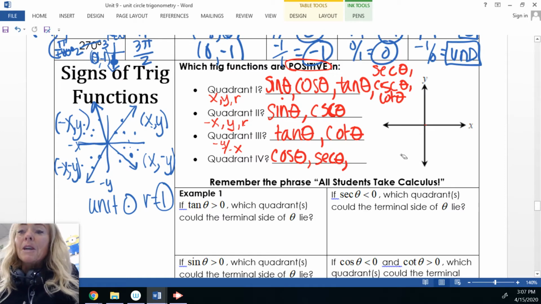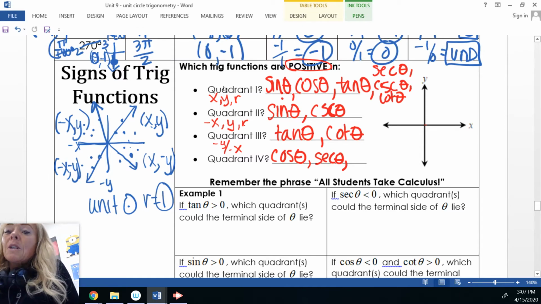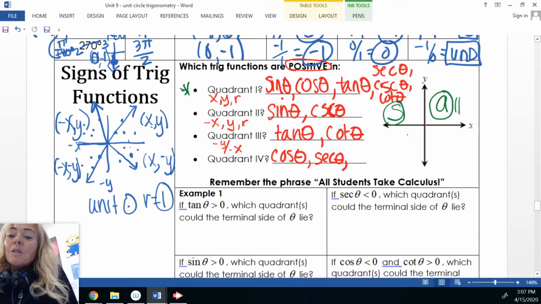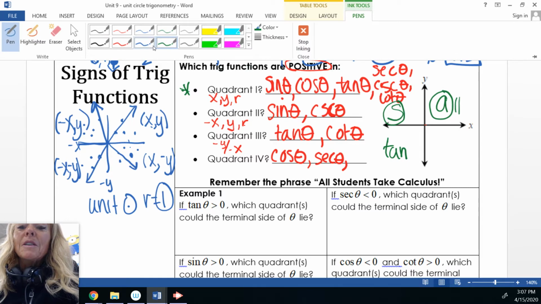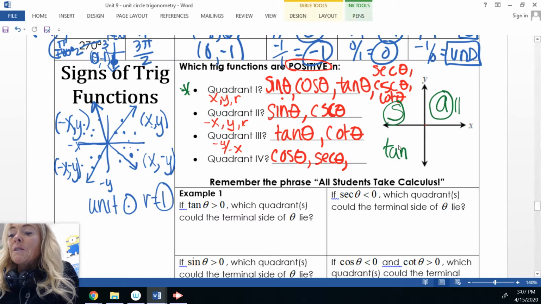What's positive in the first quadrant are all the functions, and then positive in quadrant 2 is sine, and positive in quadrant 3 are tangent and its reciprocal. We just use the regular functions, not the rest of the functions.